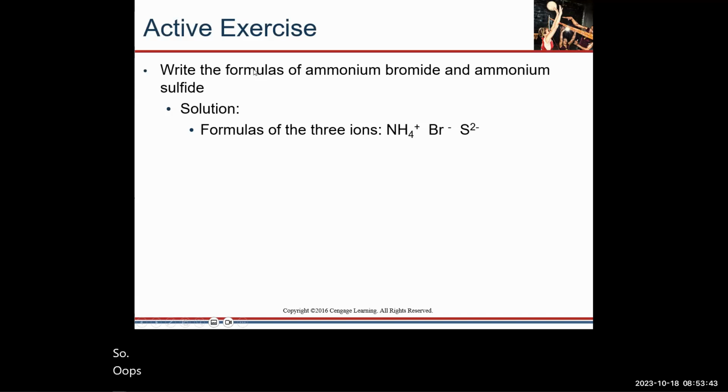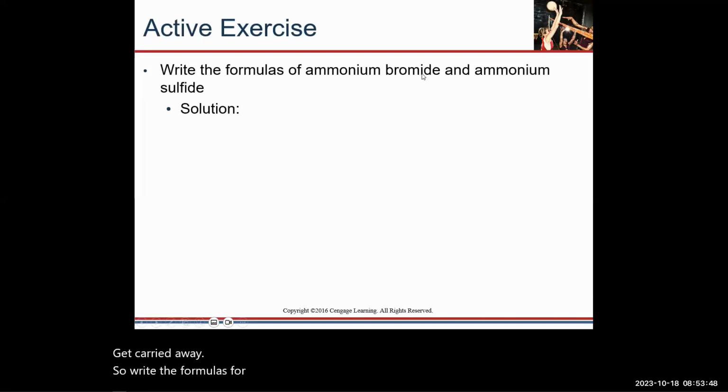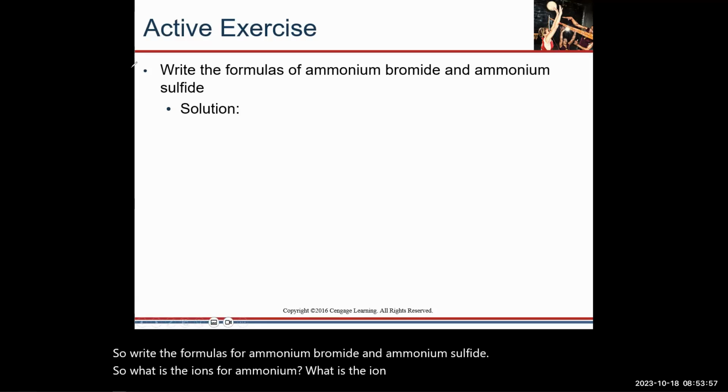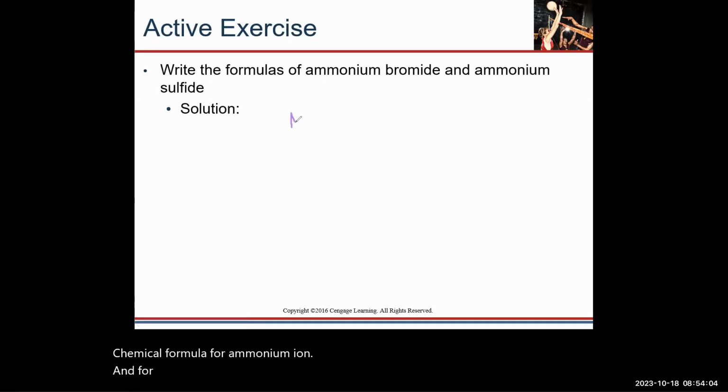So write the formulas for ammonium bromide and ammonium sulfide. What is the ion for ammonium? Chemical formula for ammonium ion. N for NH4. So it's NH4. And what charge? -2? Are you sure?